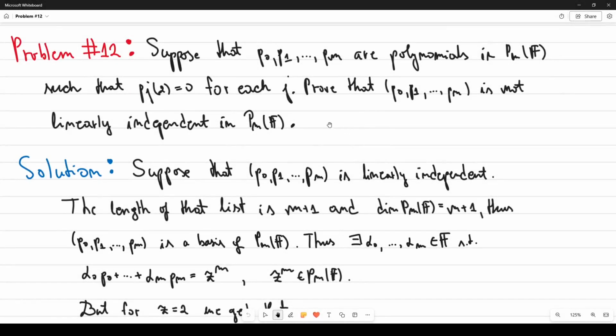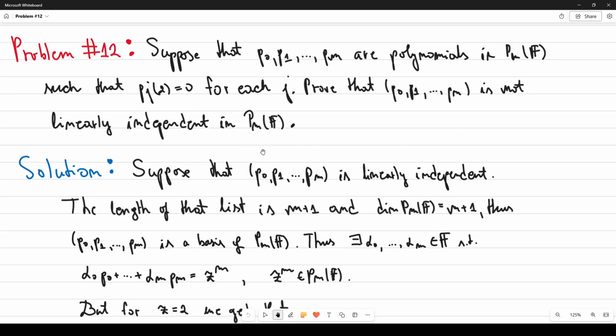Problem number 12. Suppose that P0 all the way to Pm are polynomials in the space of polynomials of degree at most m, such that each of these polynomials, when you plug in 2 into them, is equal to 0. So 2 is the 0 of each of these polynomials. Prove that the list of all of those polynomials is not linearly independent in this space.